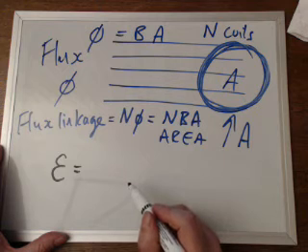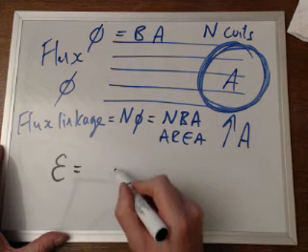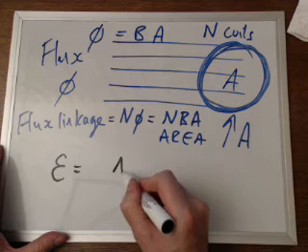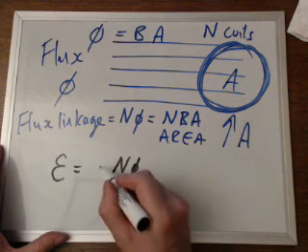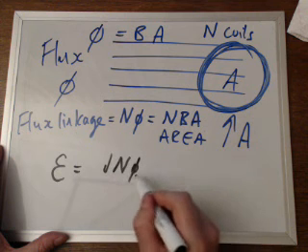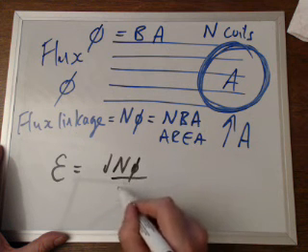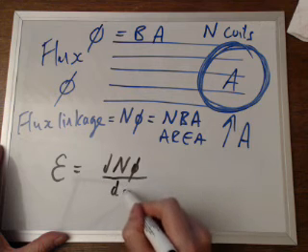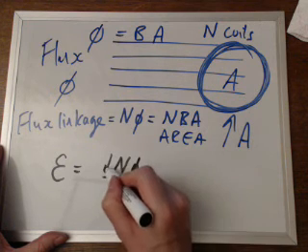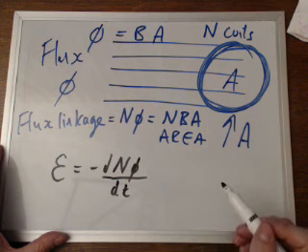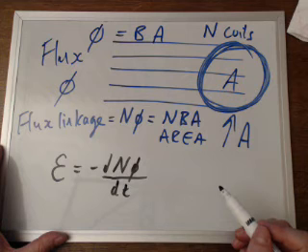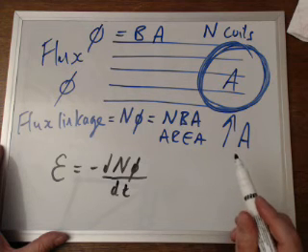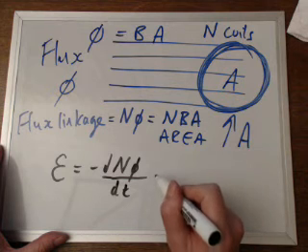Rate of change relates to time, so we're going to have the flux linkage, N psi there, and the rate of change, we could write that as d(N psi) with respect to time, and we're going to put it in the negative direction, because Lenz's law says the induced EMF is in such a direction as to oppose the change causing it. So that makes that negative. That's one way of writing it.